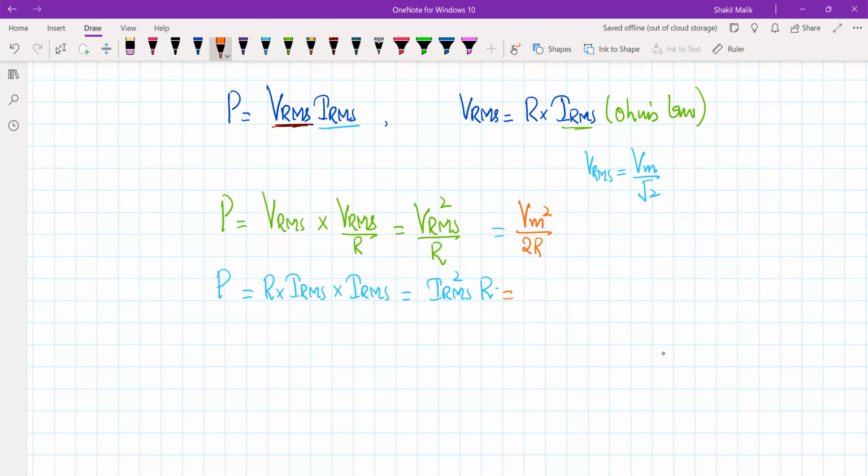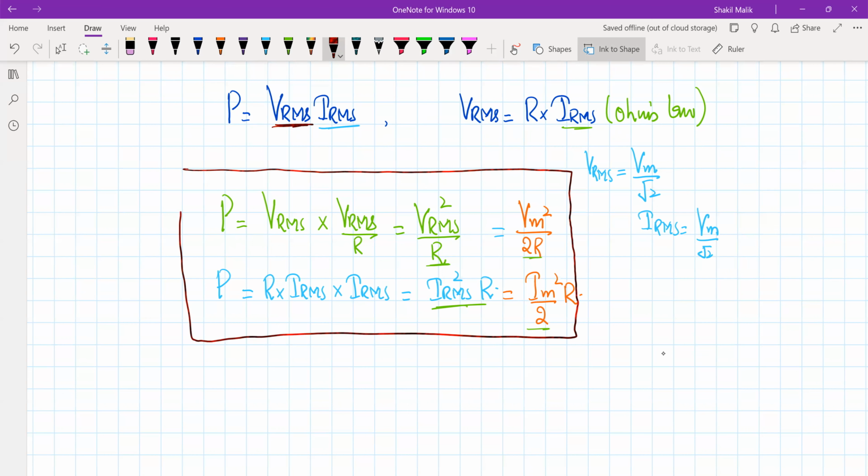And if we put the value of Irms as Im divided by root 2, we get Im square times R divided by 2. These are the expressions in terms of RMS values, and these are the expressions in terms of the maximum values. This is how we define the average power.